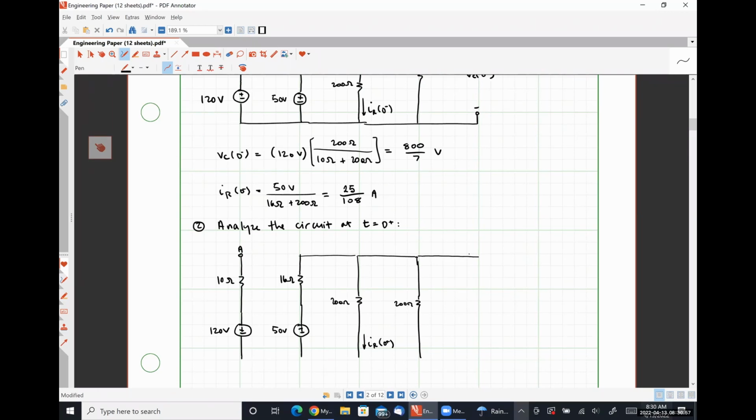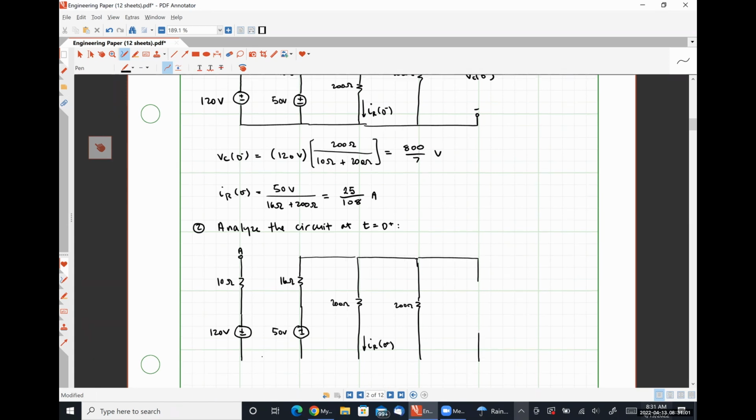And then this is connected in parallel with our capacitor. So before we put our capacitor in, do we agree that this is the circuit at t is equal to 0 plus?